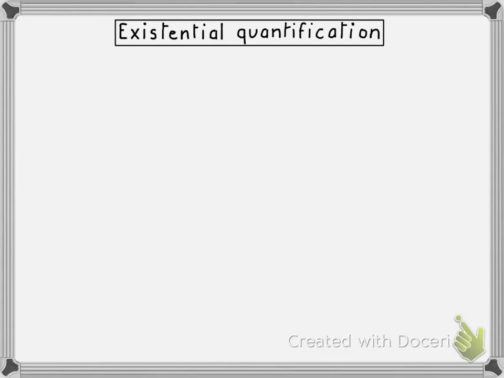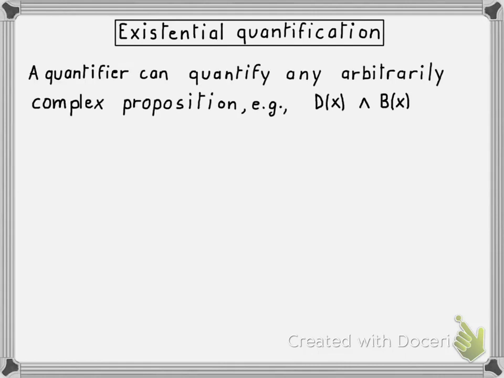Now, like we did with the universal quantifier, we can always apply any quantifier to an arbitrarily complex proposition. It doesn't have to be a single predicate like P of x. So let's consider the quote-unquote proposition D of x and B of x, which is a compound proposition. Now, it's not really a proposition because, as you remember, the value of x is left unspecified. So let's fix that by adding an existential quantification in front of that expression.